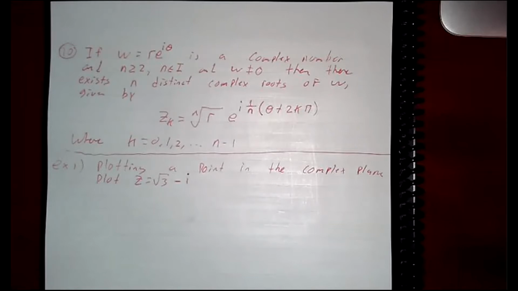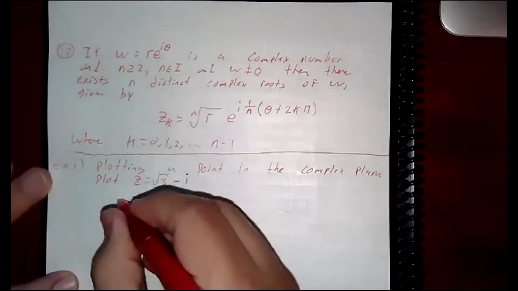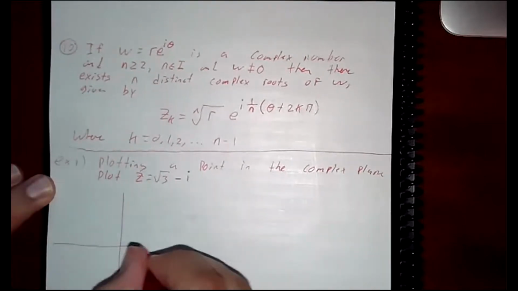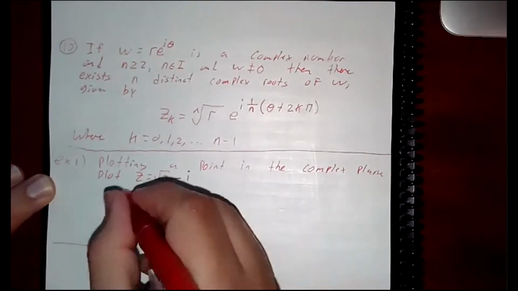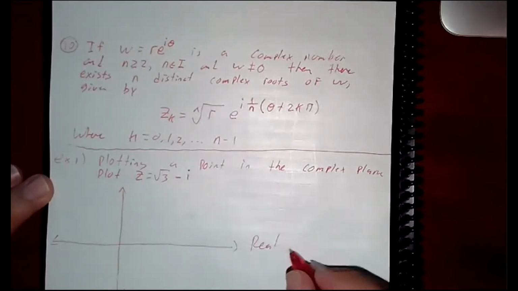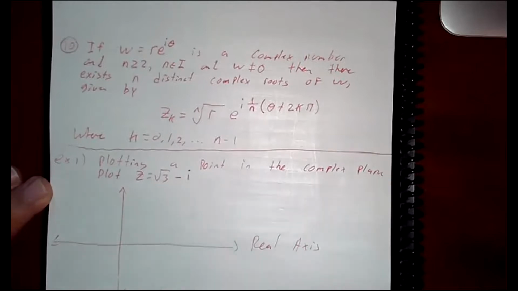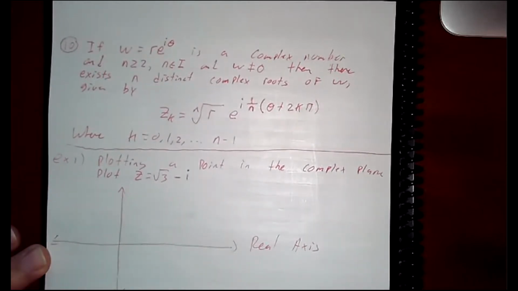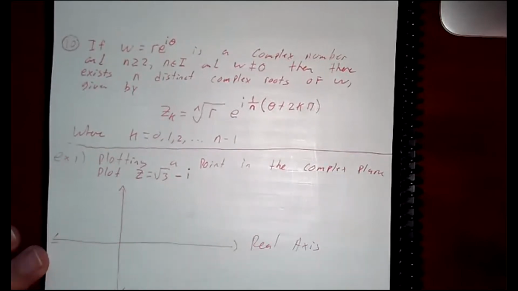Okay, so when you graph this, just like we saw in that picture, this is the real axis, this is the imaginary, so we're just going to figure out what exactly is square root 3.